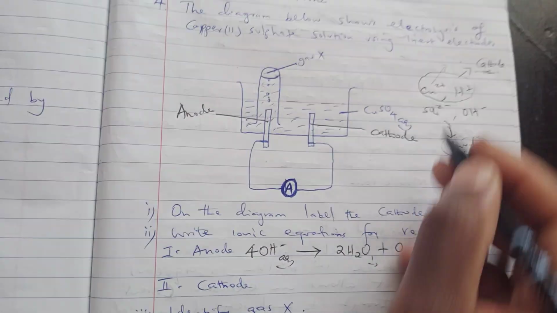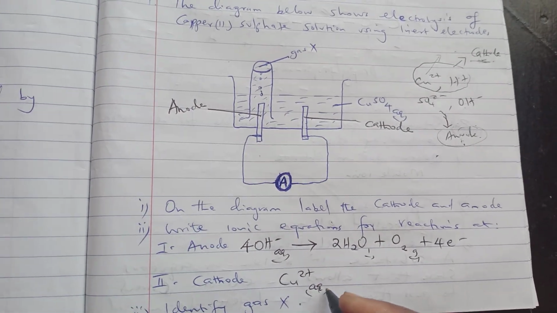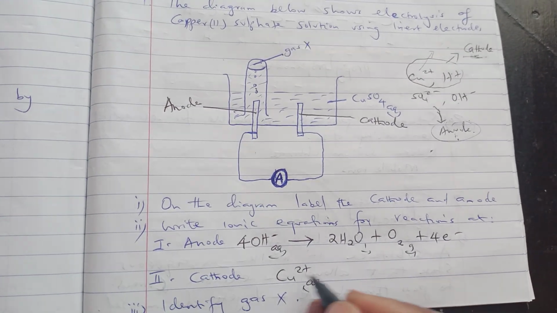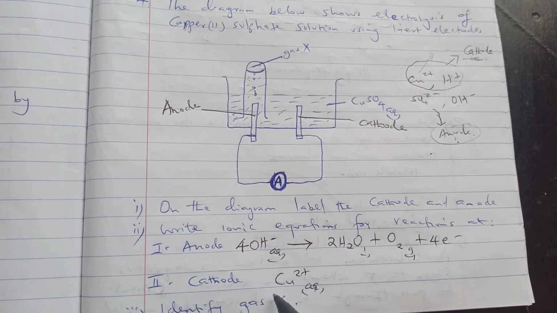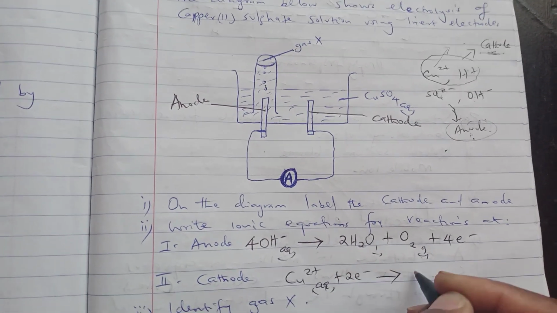And then these electrons now, they come to the cathode. So at the cathode, what do you have? You have copper 2 ions that will be preferentially discharged. So these copper 2 ions will accept the 4 electrons. If I put a 4 here, I still have to simplify. You just put 2 and then you get what?